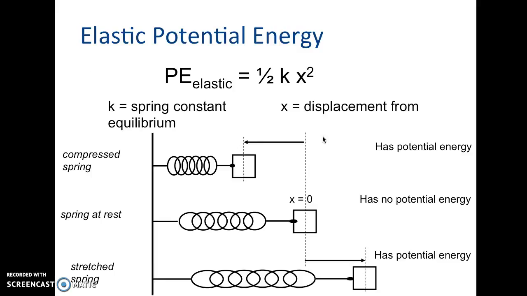So we can relate the elastic potential energy to Hooke's law a little bit. We know that forces cause acceleration, and if we apply a force over a distance, we can calculate the amount of work done. We can do the same thing with springs, except springs are conservative forces.